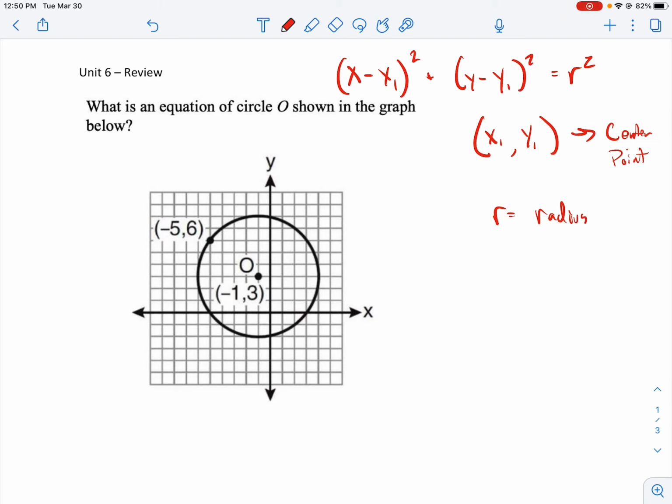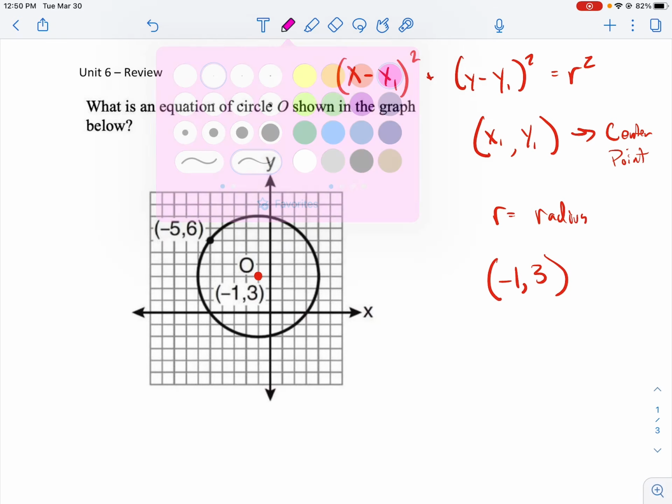So, that being said, they give us the center of the circle right here. The center of our circle is -1, 3. And so the only thing we have to figure out is what is our radius.